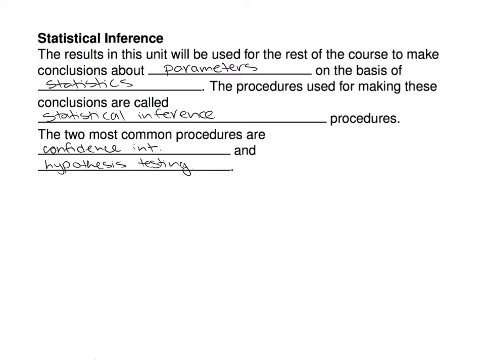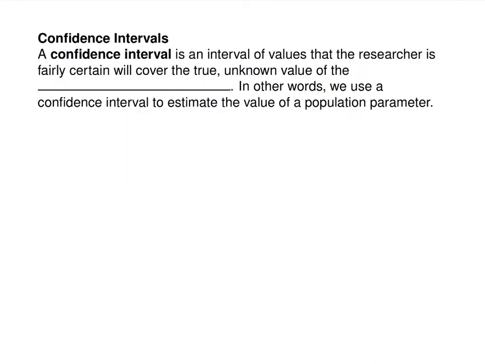And we've done baby examples of both of those in this course, so let's just recall what they are. So first, a confidence interval is an interval of values that the researcher is fairly certain will cover the true unknown value of the parameter.